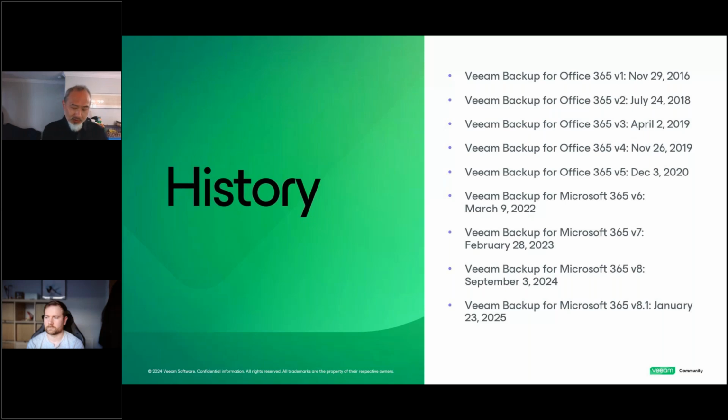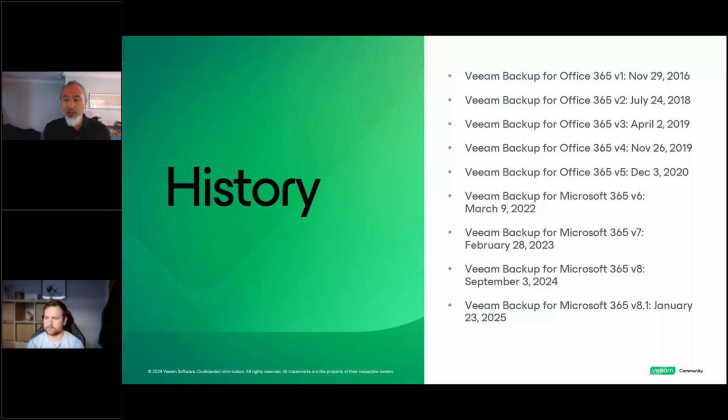In 2020, version 5 came out, and that was a big one because it introduced Teams backup and recovery, as well as the new e-discovery capabilities. In 2022, version 6 came out and introduced backup proxies and repository servers. Version 7 in 2023 introduced the backup and recovery of private and shared Microsoft Teams channels. The big one recently was version 8 in 2024, which was a major redesign.